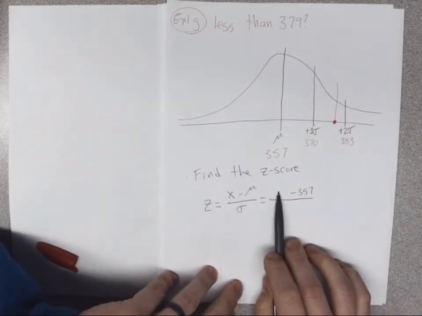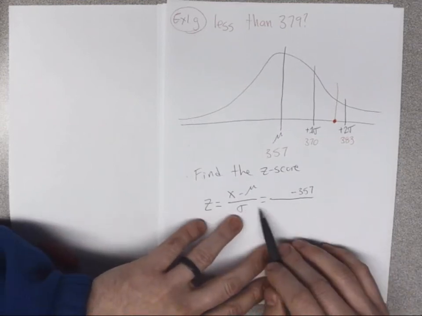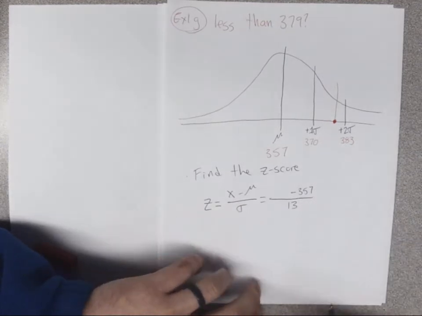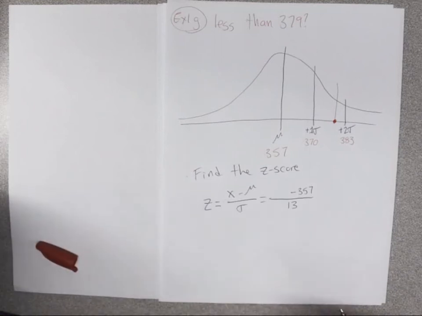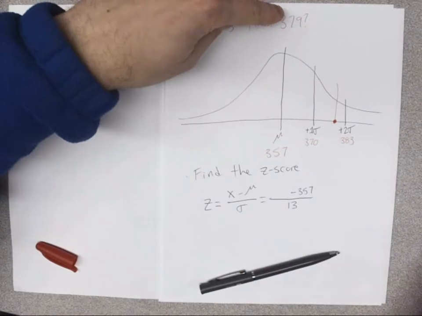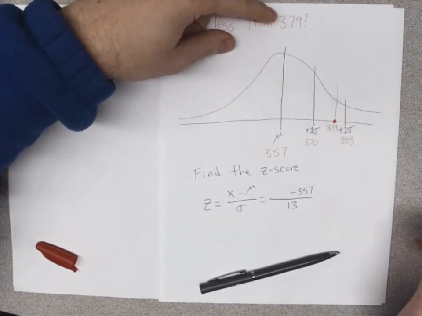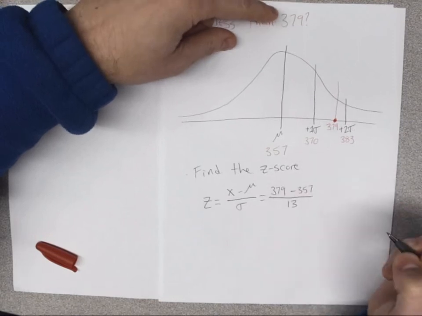I'm doing this part last because that can sometimes be the more difficult part. On the bottom is the standard deviation. We were told in the problem that it was 13. Now we need to figure out what to put for x. That means you plug in whatever observation you're looking for. In our problem, we're looking for 379, which is this point right here. So that's what I plug in, 379.